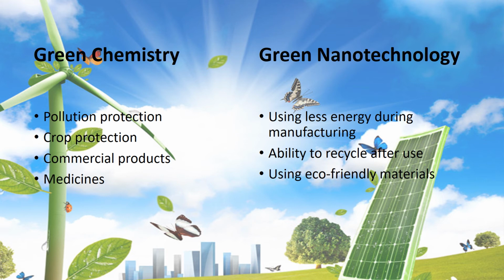Green chemistry is kind of a newer idea. It developed in the business and regulatory communities. It's used as a natural evolution of pollution prevention. So their efforts are to improve crop protection, commercial products, and medicines.